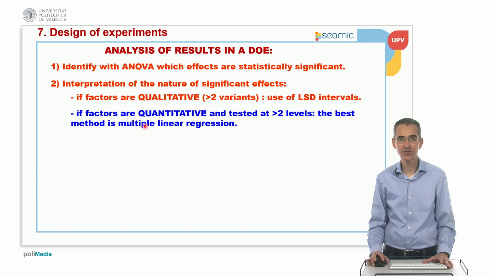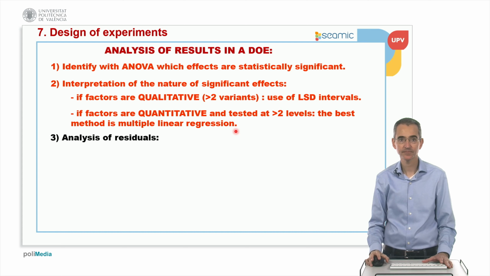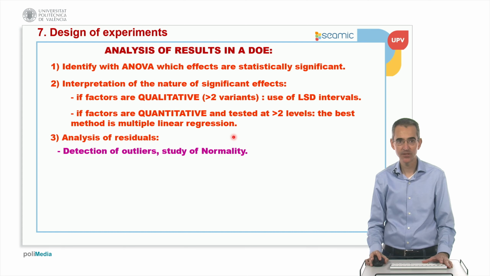But if factors are quantitative and they are tested at more than 2 levels, the best method is multiple linear regression in order to discuss if we have linear effects or quadratic effects, which is like a curve. Then another step is the analysis of residuals.